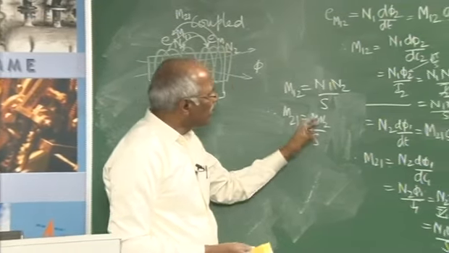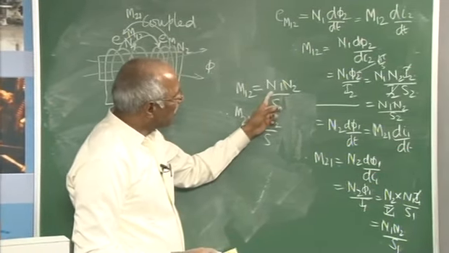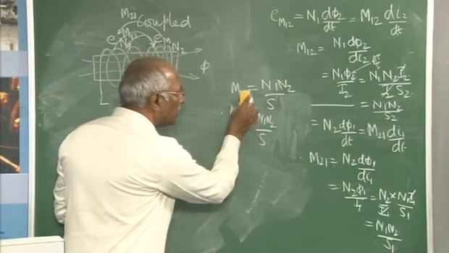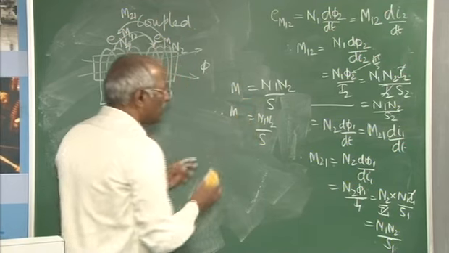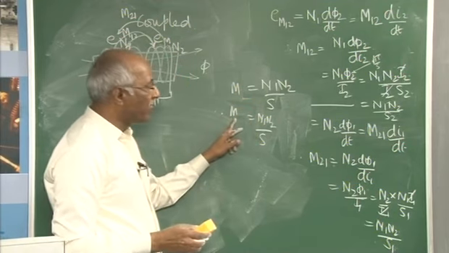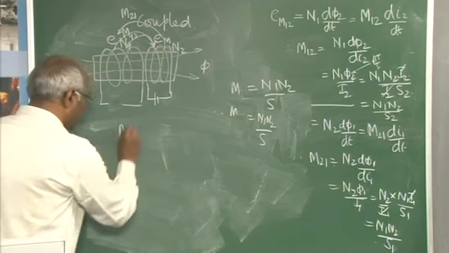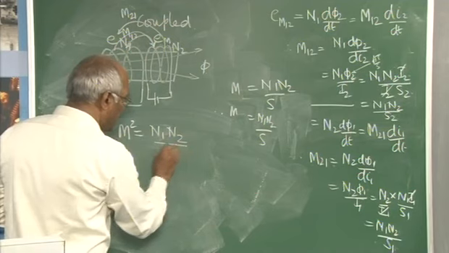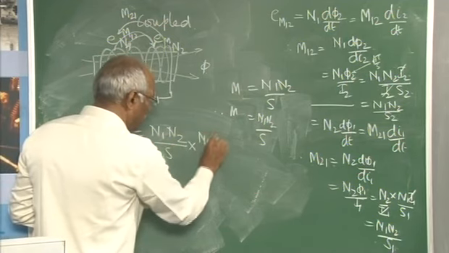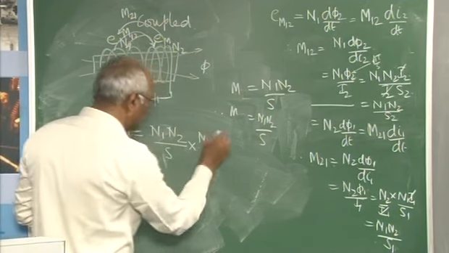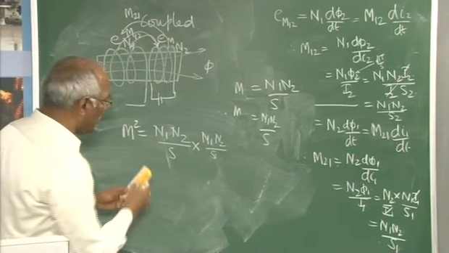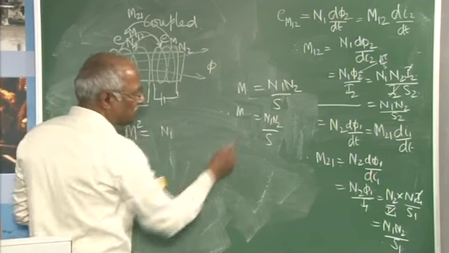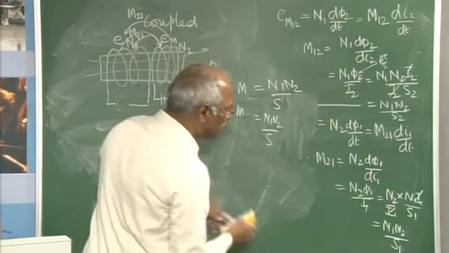Before that, now when the mutual inductance is the same between the two coils, there is no necessity to write it as M12 or M21, you can just consider it as M. With that, you will observe M square will be equal to N1 N2 by S into N1 N2 by S, or the same, it works out to the same thing. However, I will write it in terms of this.